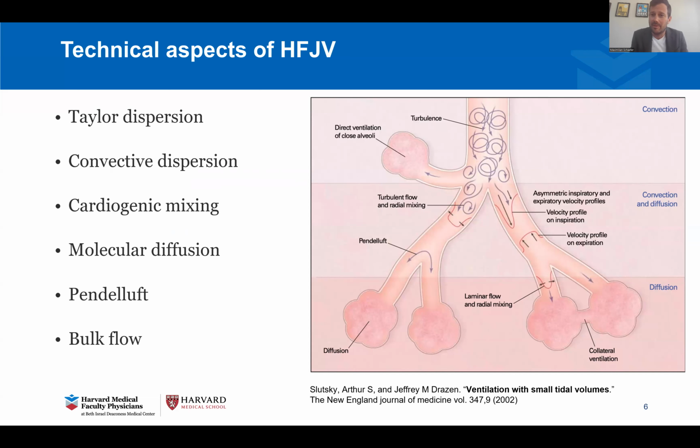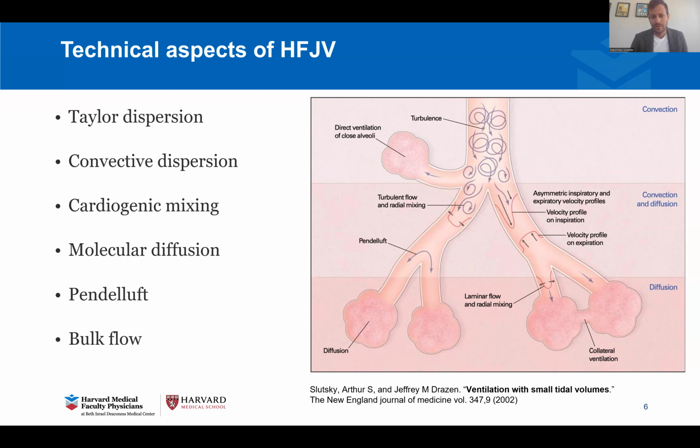There are other effects that have been discussed, and they are all not so straightforward to really prove, or they might sometimes play more or less of a role depending on the clinical scenario. There's, for example, Taylor dispersion and convective dispersion, which basically means that the gas is dispersed through turbulences into the distal parts of the airways and into the alveoli. Cardiogenic mixing, which is facilitated through pumping of the heart compressing and decompressing the airways, and thereby providing circulation through this rhythmic repetitive compression and decompression of the airways.